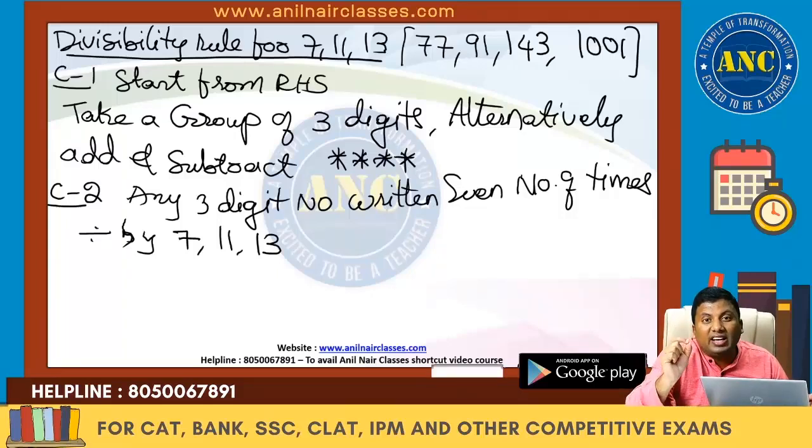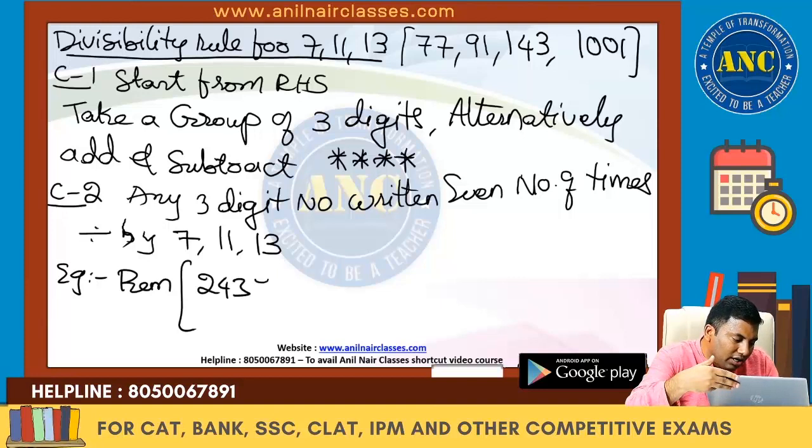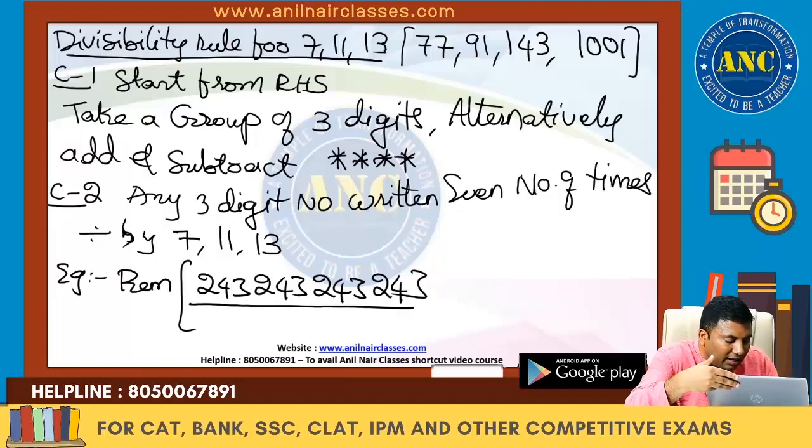If you write any 3-digit number an even number of times, it will always be divisible by 7, 11, 13. With an example, suppose I write 243, 243, 243, 243 divided by 13.